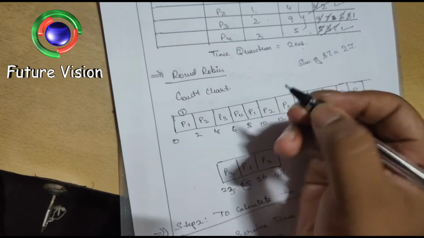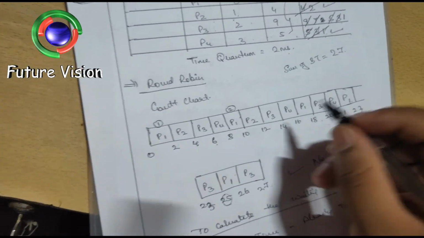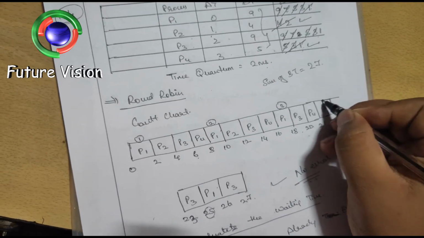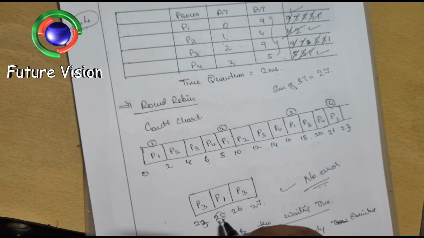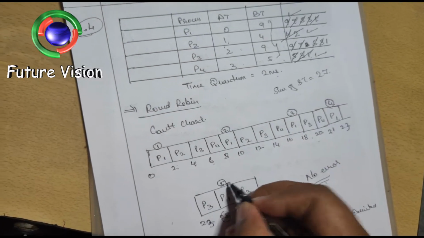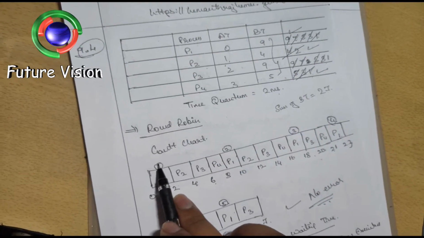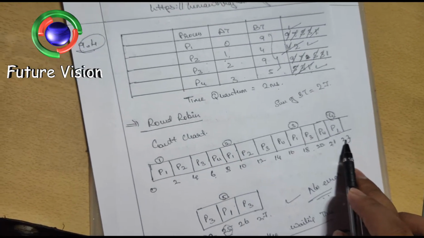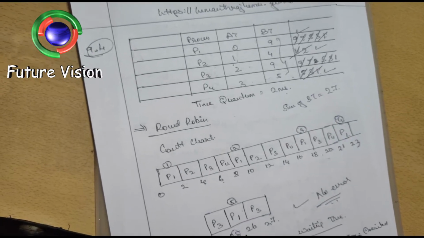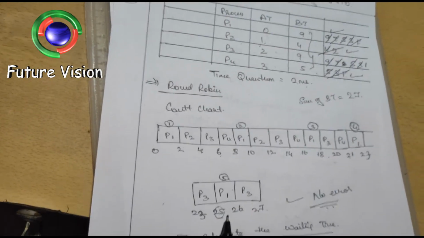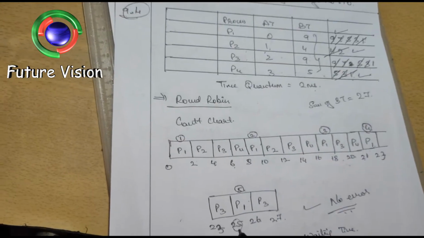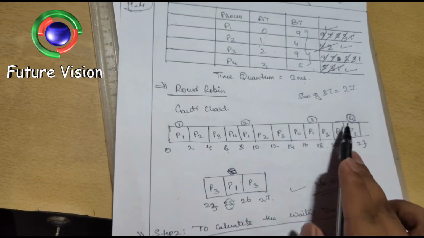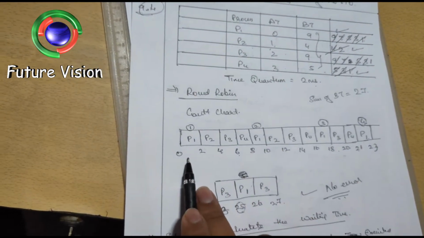This is first P1, second P1, third P1, fourth P1, next fifth P1. You can see for the first four, P1 has an execution time of 2 milliseconds, whereas the last P1 has an execution time of 1 millisecond. As we have already taken service time into consideration, we may not take this into consideration. So we have 4 P1 executions.